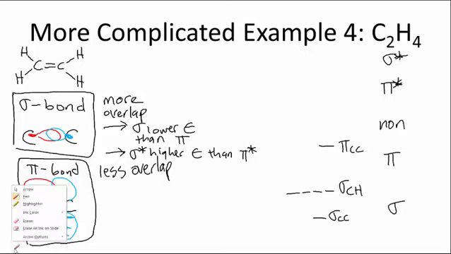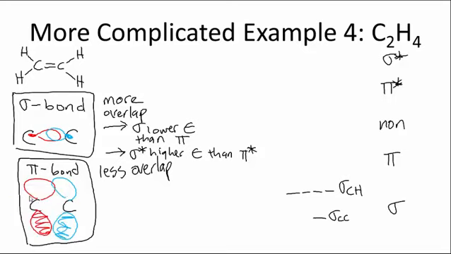We have no non-bonding orbitals in this molecule. We're going to have 1 pi star CC, 1 sigma star CC, and 4 sigma star CHs.